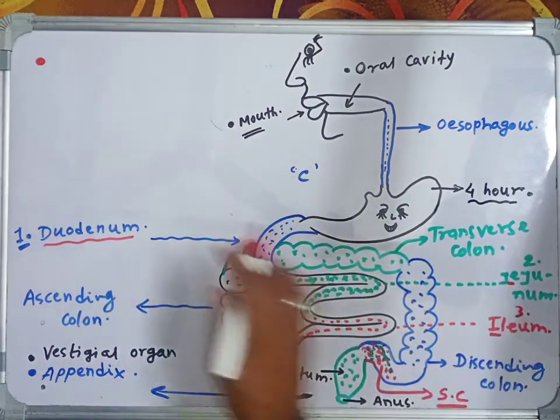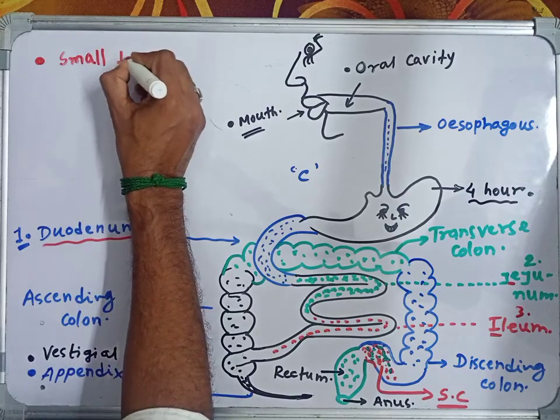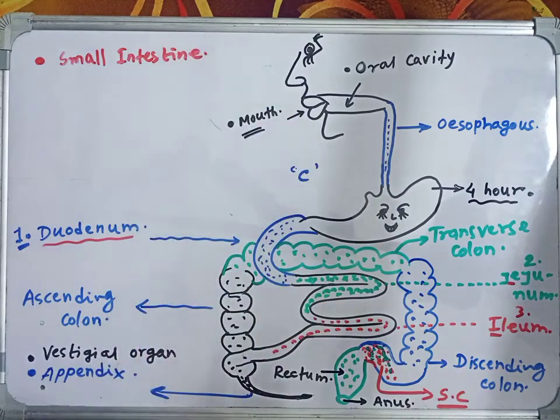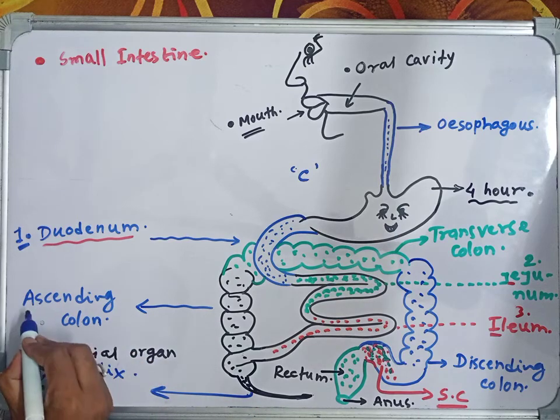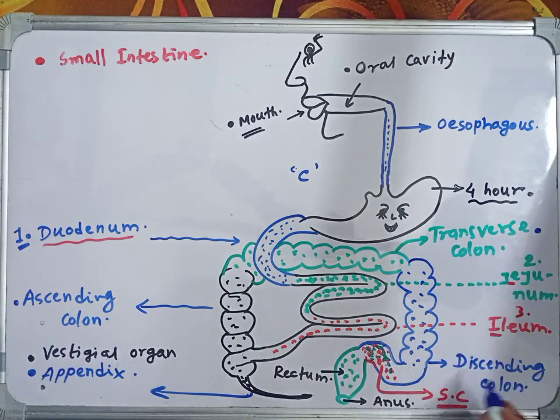These 3 parts together are called the small intestine. But our large intestine contains how many parts? 4 parts. That is the ascending colon, transverse colon, descending colon, as well as the sigmoid colon.